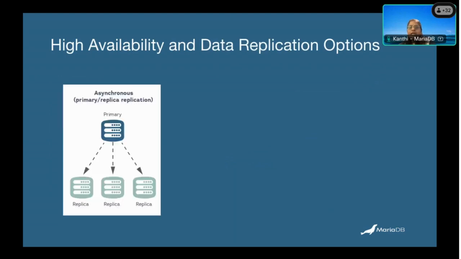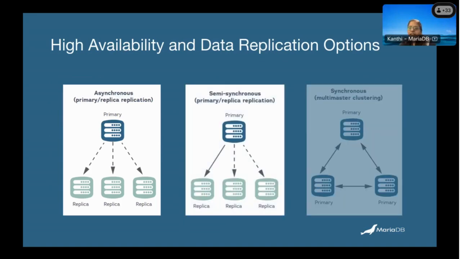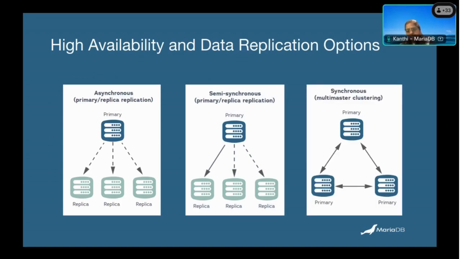Now, on the high availability that I was mentioning, we support three different architectures mainly for replication: asynchronous, synchronous, and semi-synchronous. So these three different architectures MariaDB supports. You may be aware of what asynchronous is. In an asynchronous environment, the primary doesn't wait for any acknowledgement from replicas.